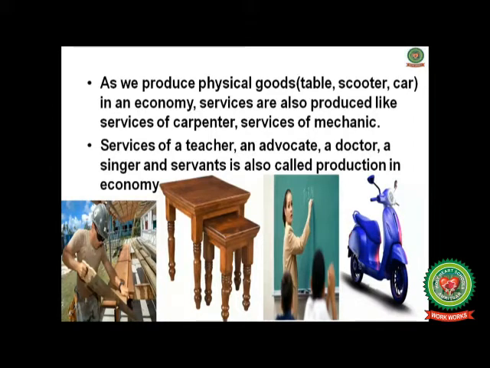In the same way services are also produced. Which kind of services? Like work done by the carpenter, the mechanic, the teacher, the advocate, the doctor, the singer, servants, also called production in the economy.